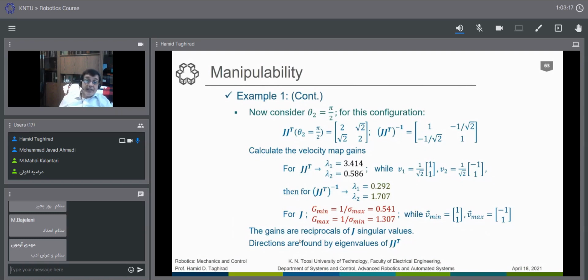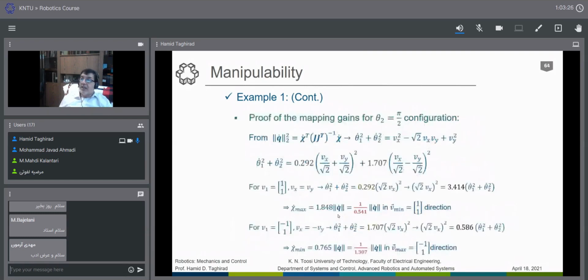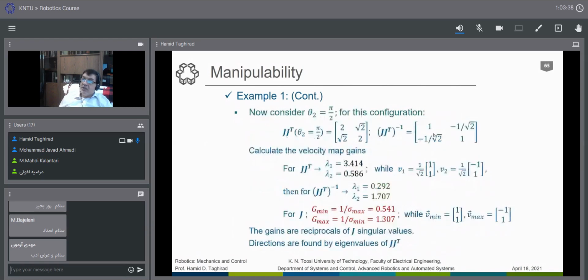I will prove that here. You never need to do the proof yourself. You can always use the final solution here, but notice that this is the proof of the mapping gain for that angle. So if we have this eigenvalue here, we have JJ inverse here. As you see, JJ inverse is given by this one.